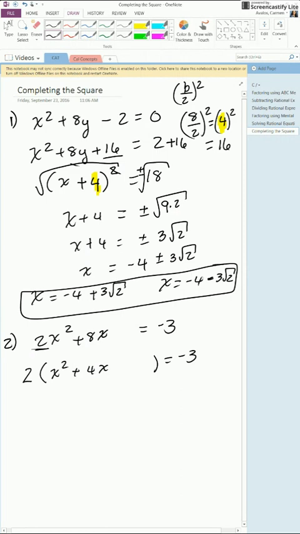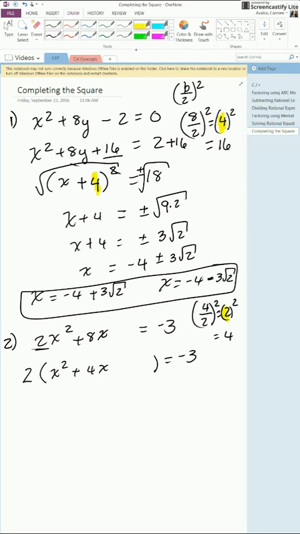A lot of students make the mistake and do the formula b over 2 squared with the 8, and that is not correct. So what you do is you still take the formula. You're going to take the 4 divided by 2 squared is going to give you 2 squared, which is equal to 4. We're still going to do the same thing with this one in here.